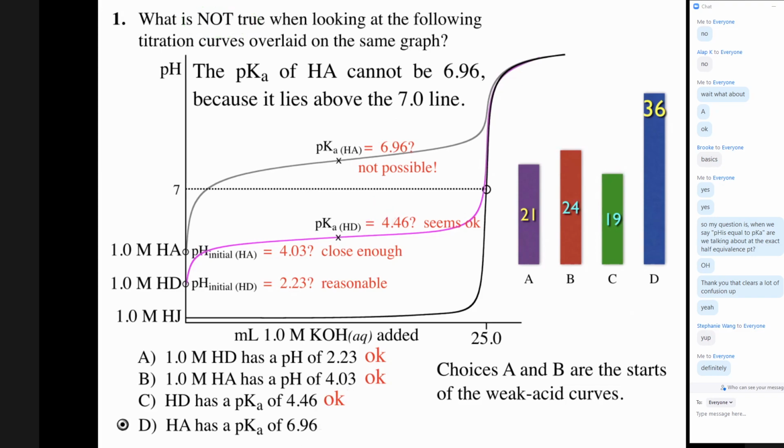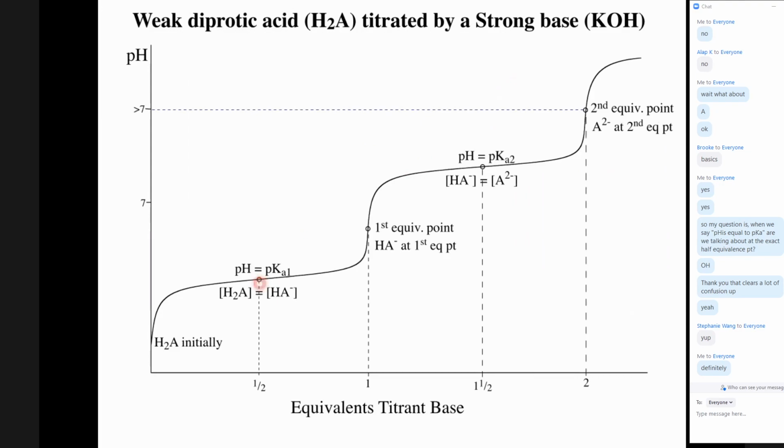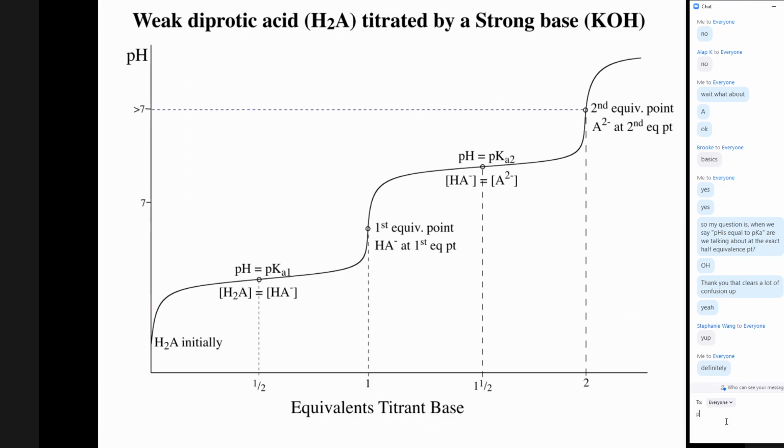Okay. Diprotic curves. Want to revisit this again? When you have two curves, two protons, you take them one at a time. How do I get the pH here again? pH in this point right here.